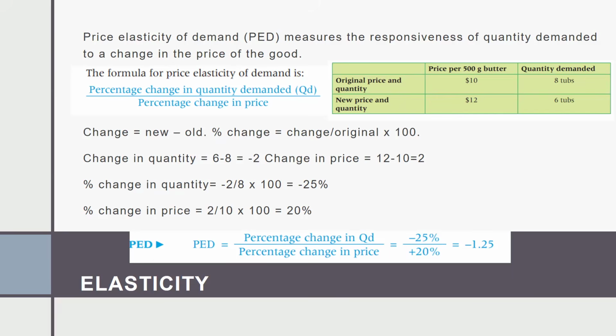Let's say you have medication that you need to live. You have to take it every month. It cost $100 before, and now it costs $200. Will you still buy it? So some things, the change in price would affect it more than other things.